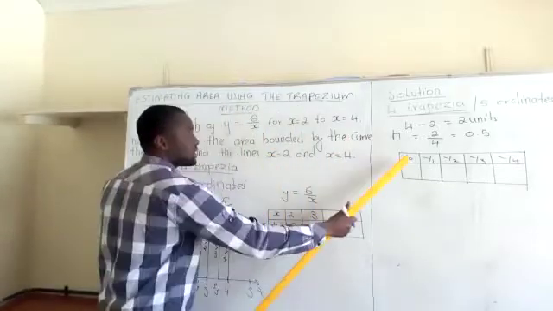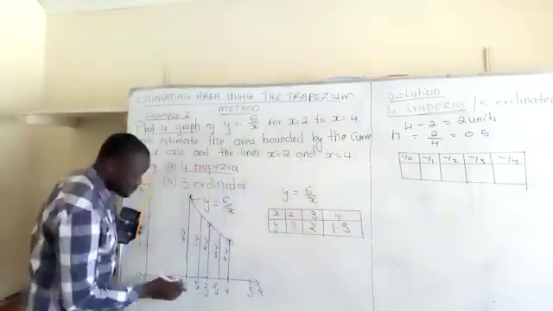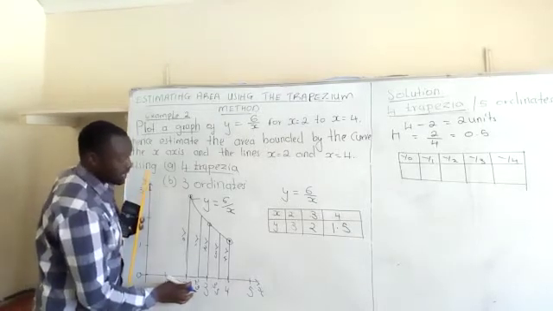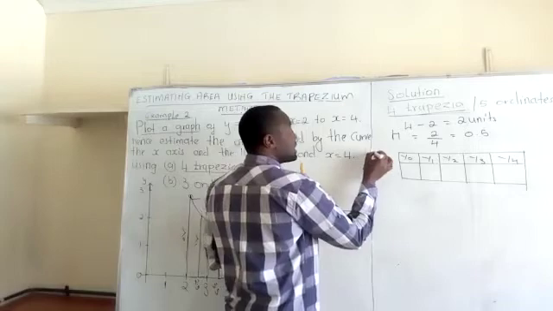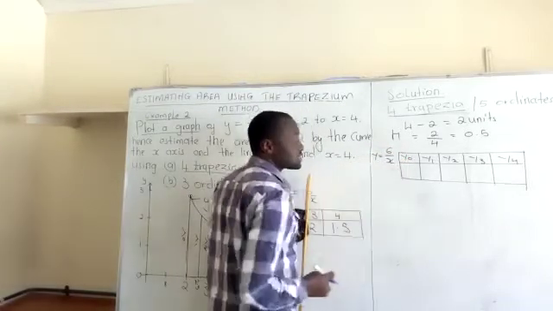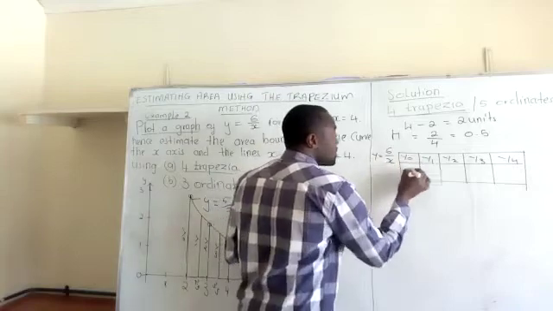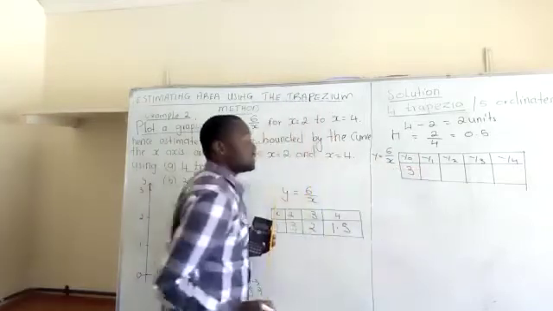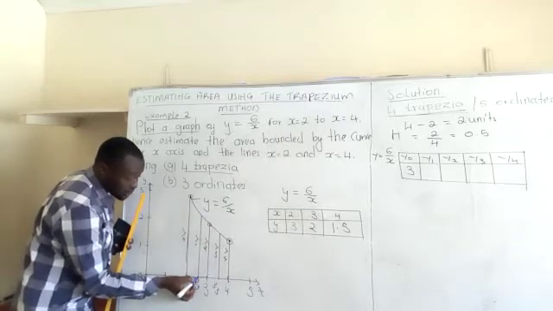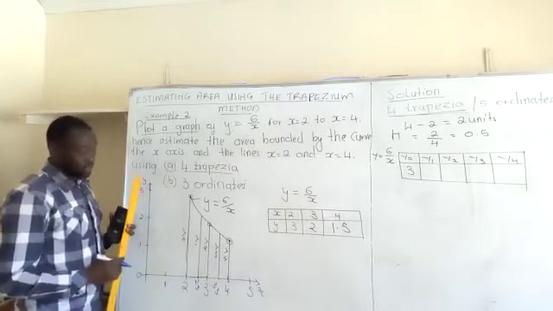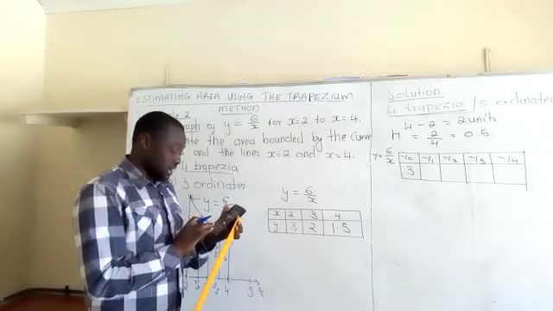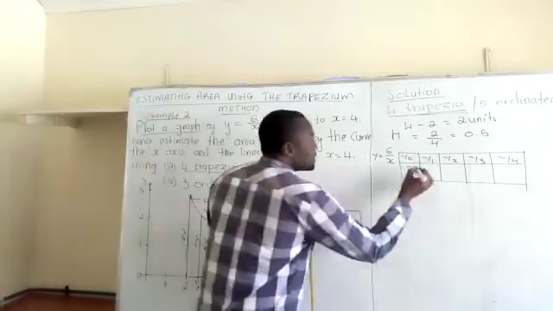Please note, the first ordinate corresponds to the value of x is 2. When x equals 2, remember, the value of y is 6 over x. So when x is 2, then y will be 3. The second ordinate, y1, is when x is 2.5.